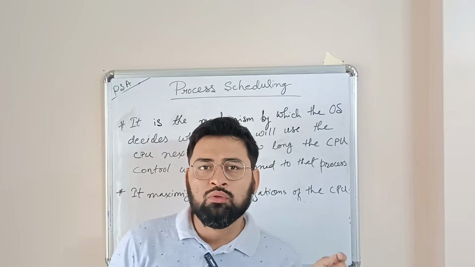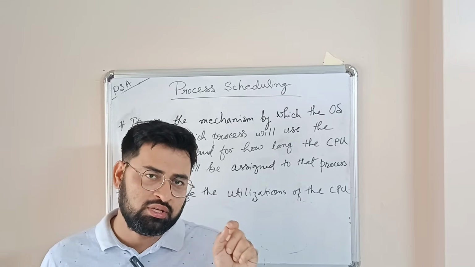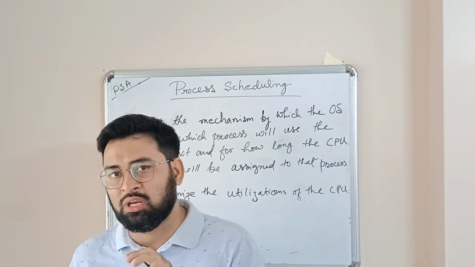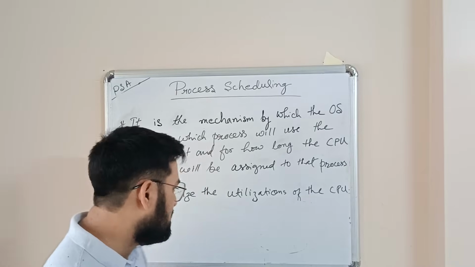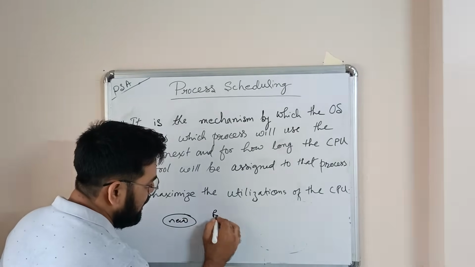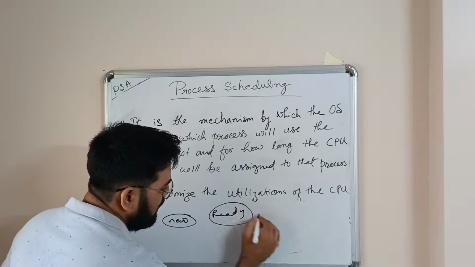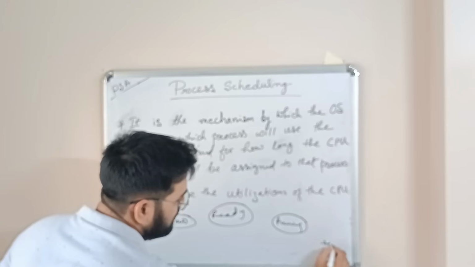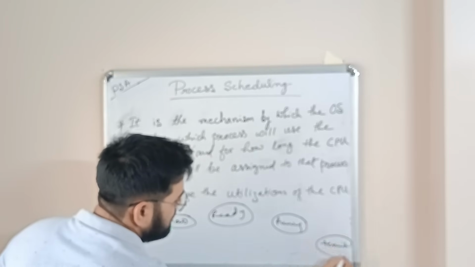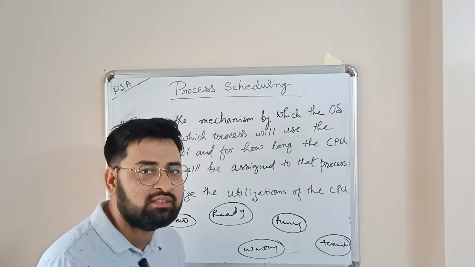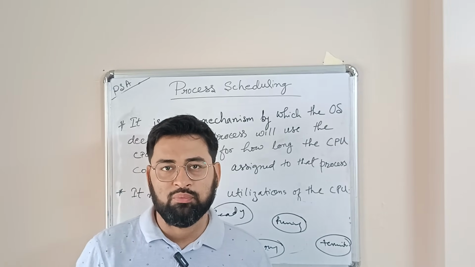When you bring those processes from the new state, that means the secondary memory, to the main memory, that means the ready state, as you have seen: new, ready, running, then termination, and this is waiting. This was the scenario we have already discussed in our previous video.